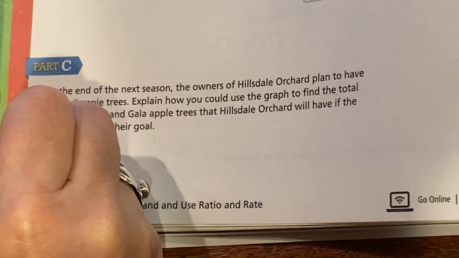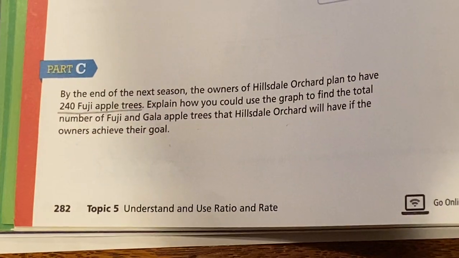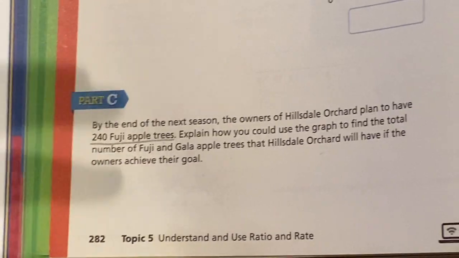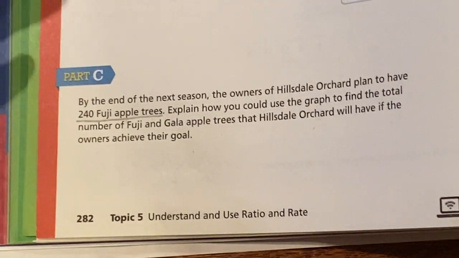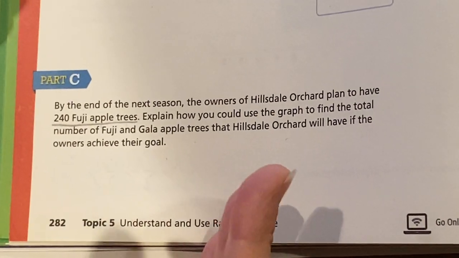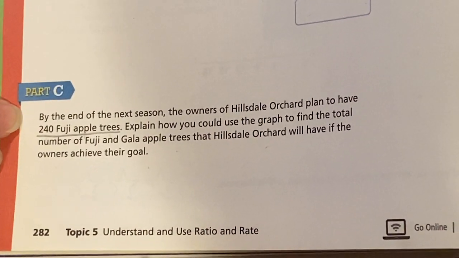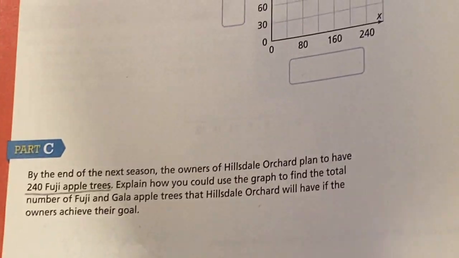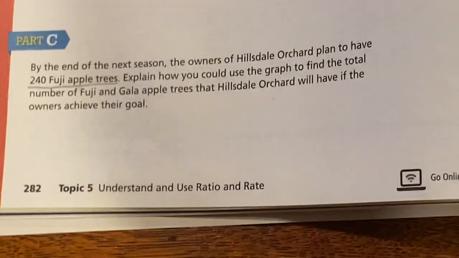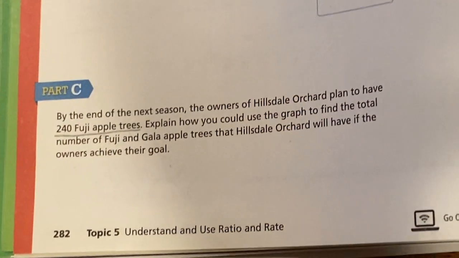And their goal is 240 Fuji apple trees. So the total number of trees will be the Fuji plus the Gala. So what it's really asking is, how many Gala apple trees will you have if you've got 240 Fuji? So you have to find that next equivalent ratio. All right, work on this and then come back when you're ready to check your work.